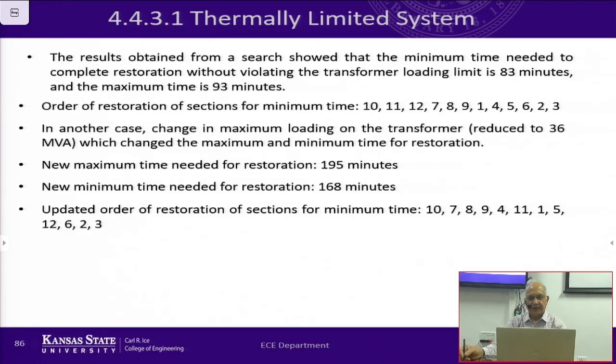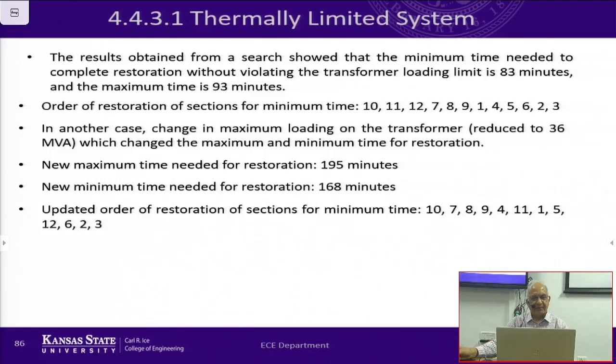When we did the analysis, we searched all possible combinations of restoration, and it shows that if you select the right sections for restoration, you can restore the system in 83 minutes.